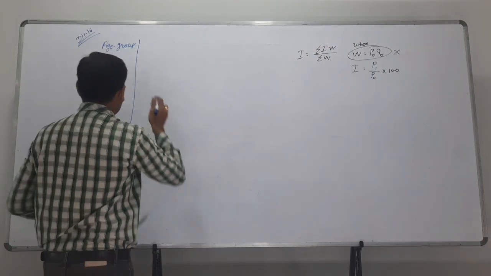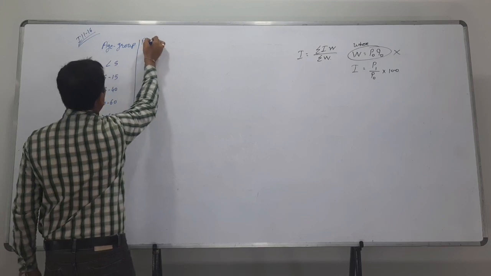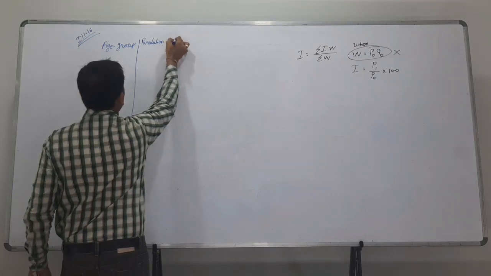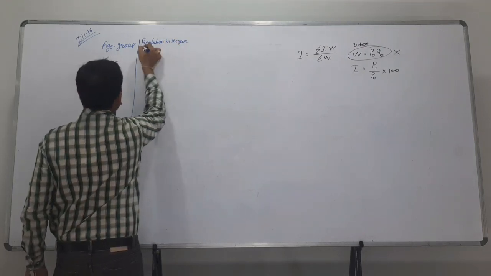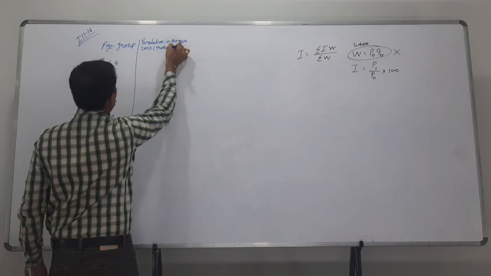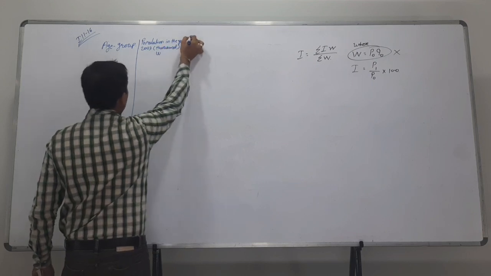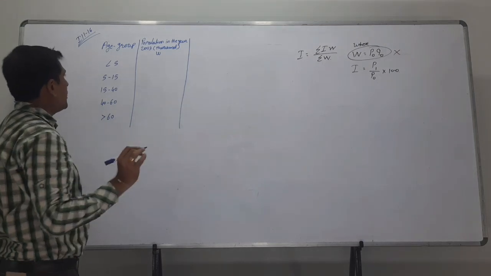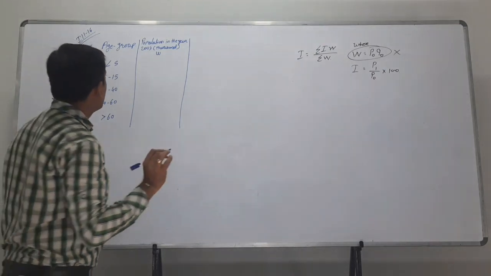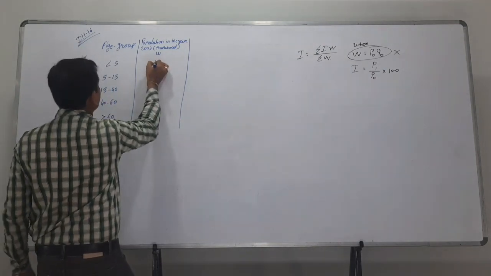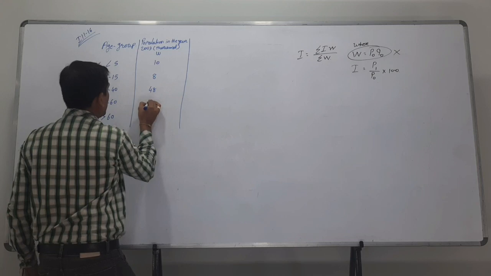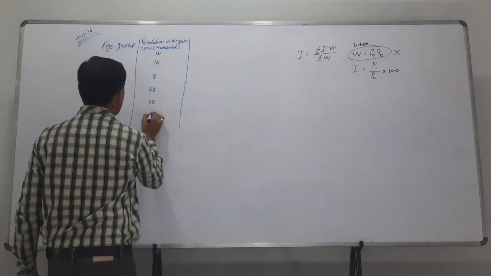Population in the year 2003. That is your W. The question already said that population in the year 2003 is your weight, that is your W. It is given 10, 8, 48, 38 and the last one is 14.